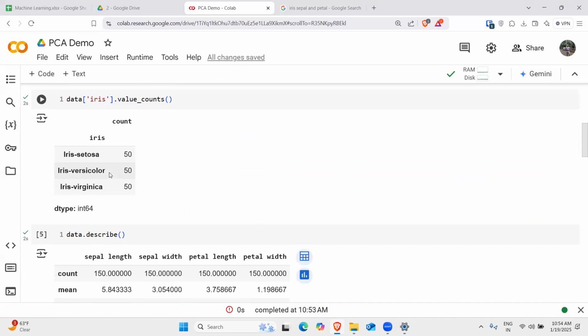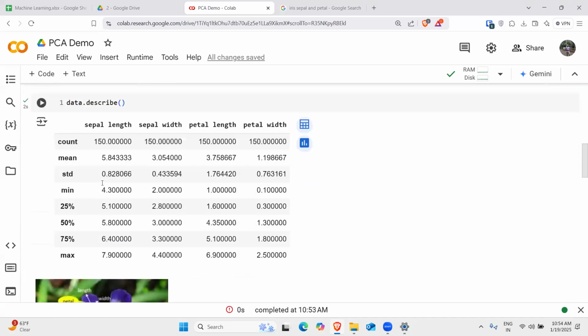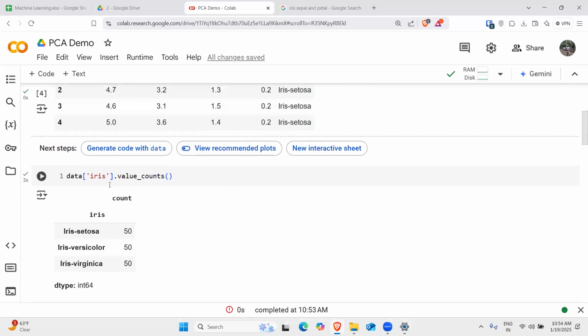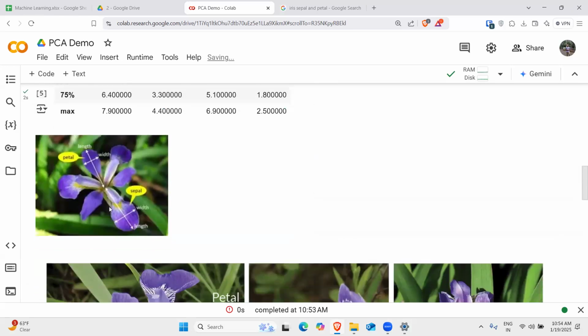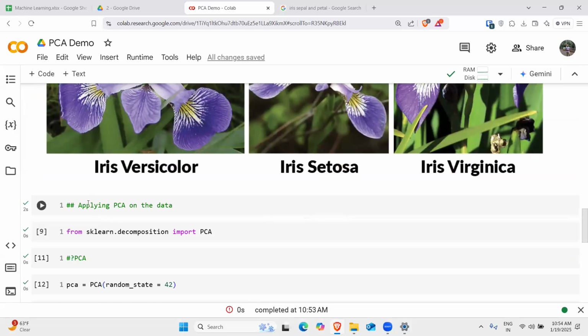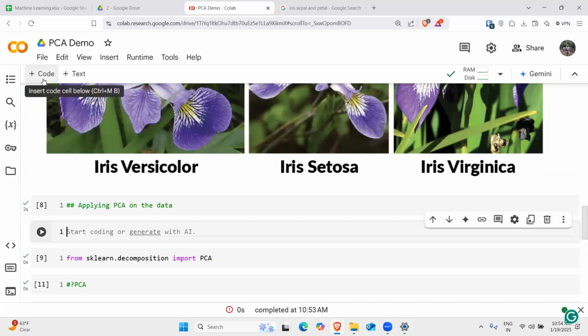Okay, just a minute. After data.describe, let us define y. So y is your target variable, right? Every time, what is your target variable? Y. Here, your target variable is the iris column.